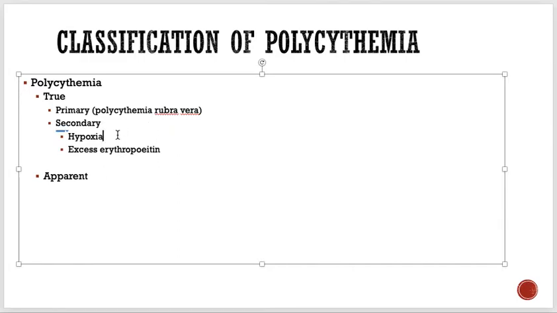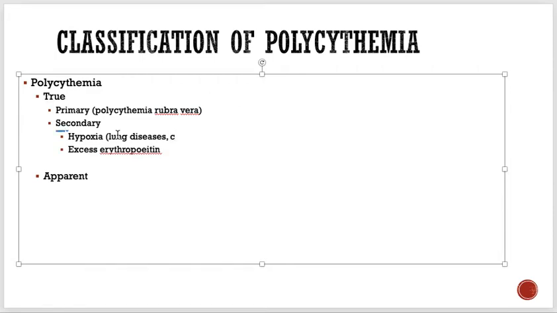Whenever it is due to hypoxia, there are certain conditions, like lung diseases. There is less oxygen in the blood, so the body takes it as a signal of reduced oxygen level and is going to produce more and more RBCs.